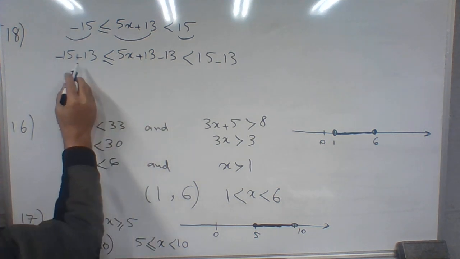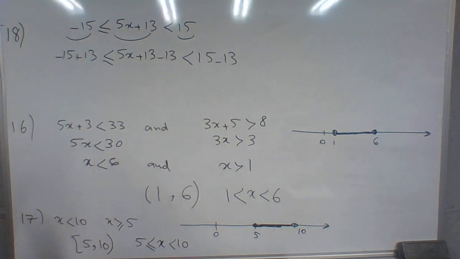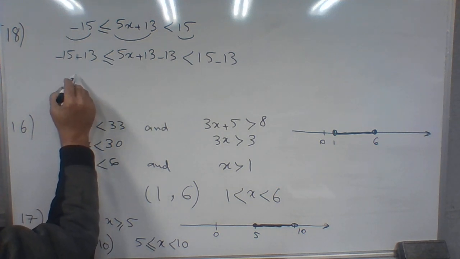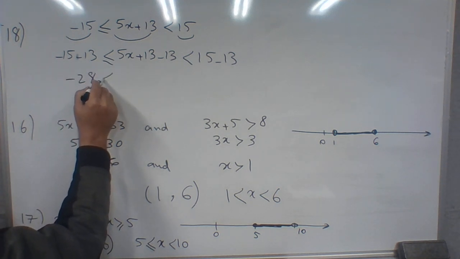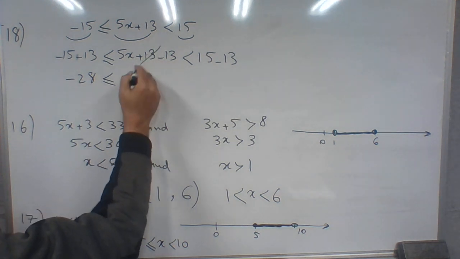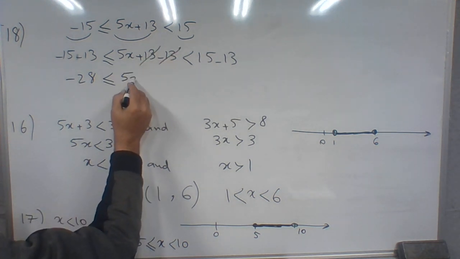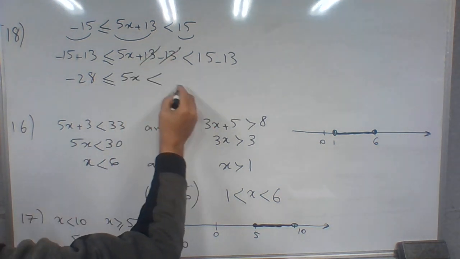You see that minus 13 is repeated on all three. So minus 15 minus 13 is minus 28. And then these two cancel. So 5x here. And then 15 minus 13 is 2.